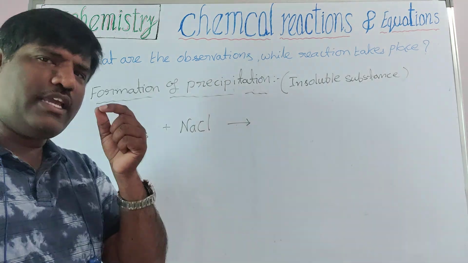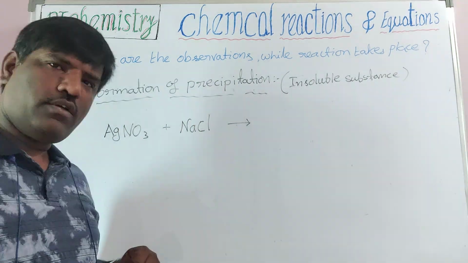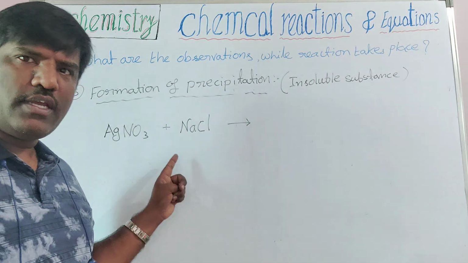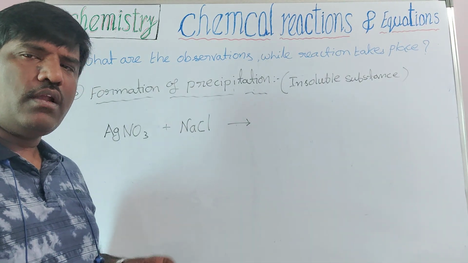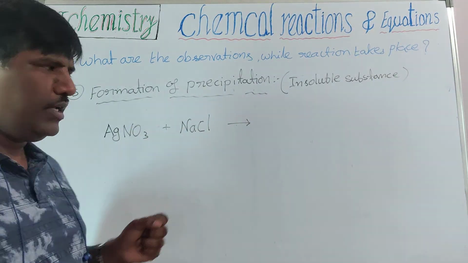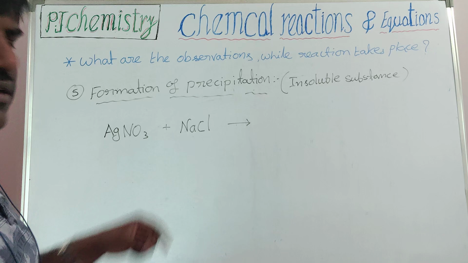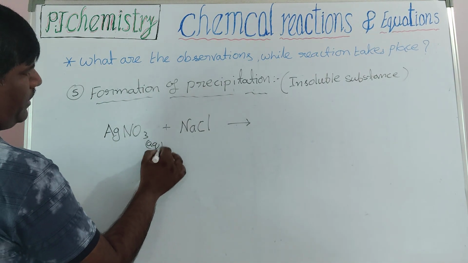You can take any chloride with a metal. Magnesium chloride you can take, potassium chloride you can take, zinc chloride you can take, or hydrochloric acid HCl you can take. Any chloride, chlorine should be there.